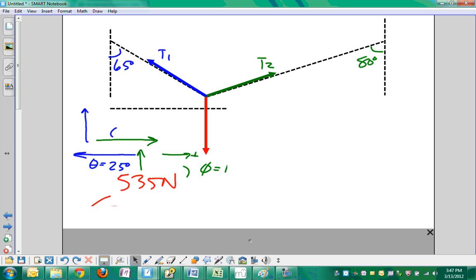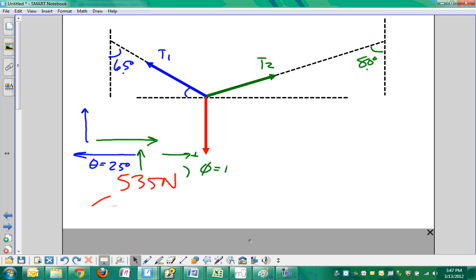All right, so now here's the thing. They have given us angles from the vertical. Here 65 is measured from the vertical, and here 80 degrees is measured from the vertical as well. To be more consistent with the way we've done things before, it would be helpful to redefine those angles in terms of measurements from the horizontal.